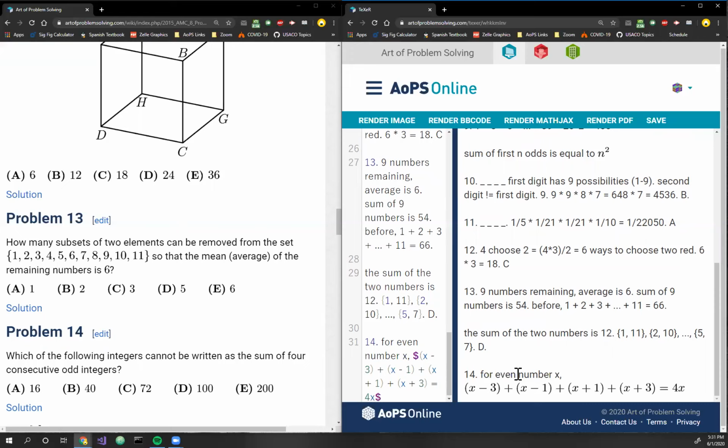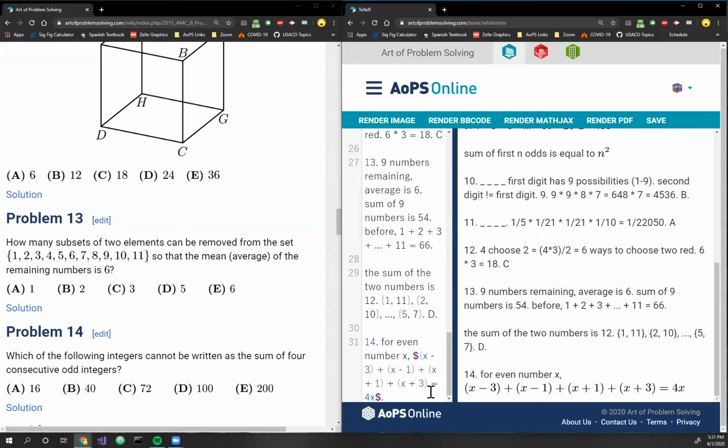Basically, we set x to be the middle number. It's not any of the numbers, but the average of all 4 numbers. The reason we do this is so it cancels out.